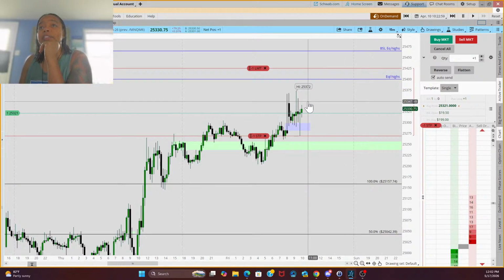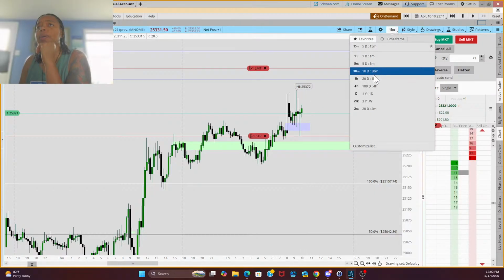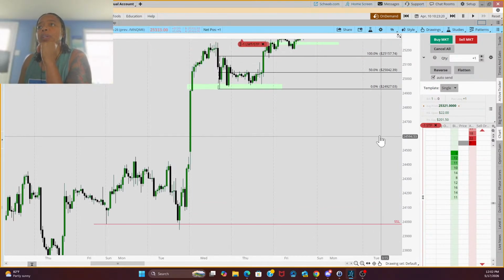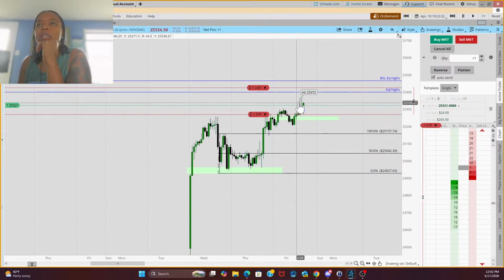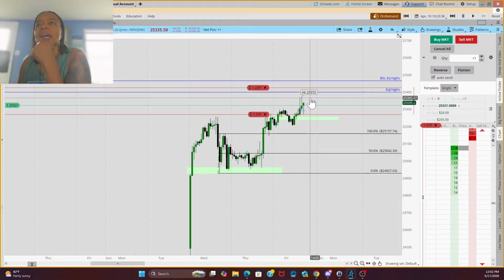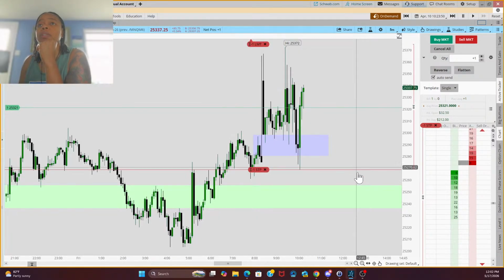So we got to get past the 50% of this, the highest wick here. Let's look at it on the 1 hour. It's looking promising if we can close this hour like this. Yeah, so let's see what happens.